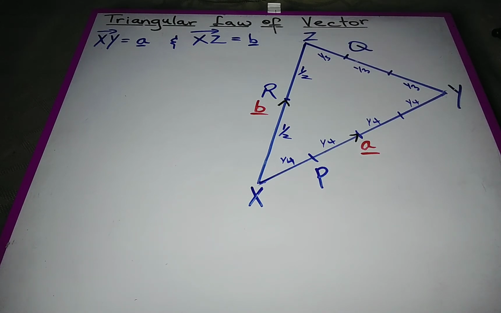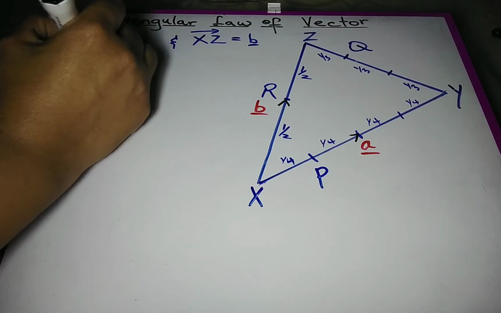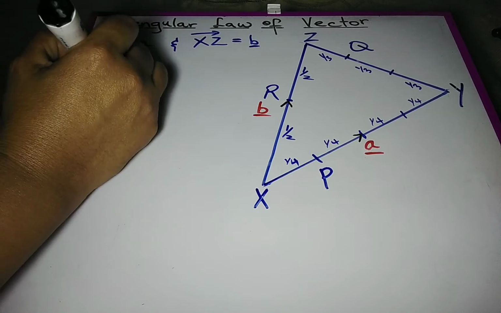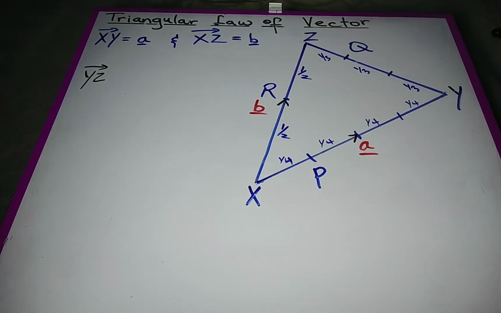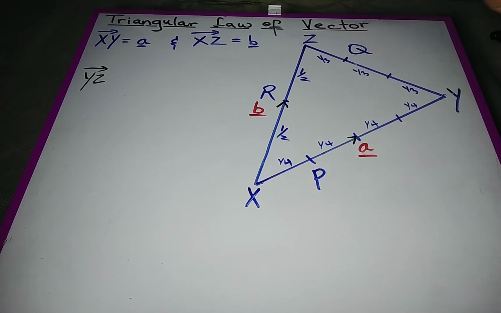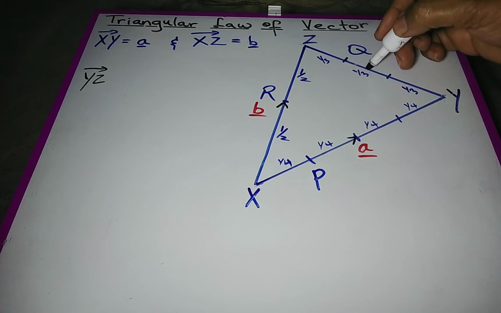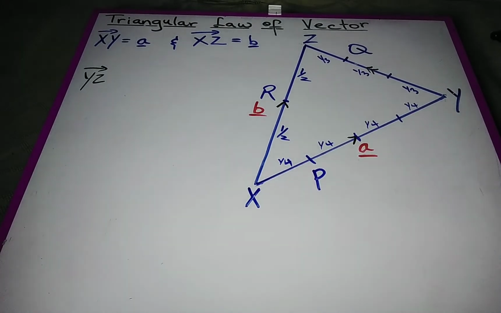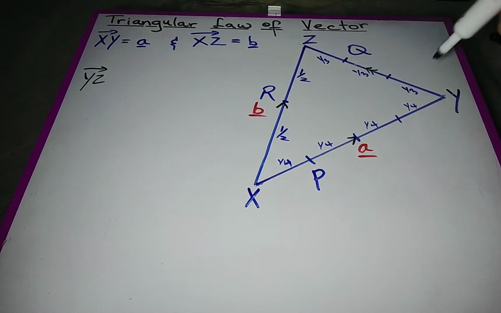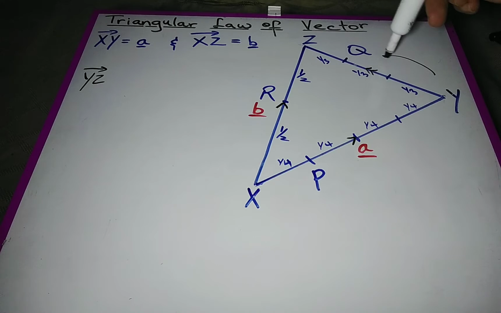The question says, write the following vectors in terms of A and B. The first one we need to find is vector YZ. That means you start with Y, end with Z. So this is YZ, so I'm going to put in my double arrow. I do this because when I put in the resultant, I know I'm going this direction. So YZ is going anti-clockwise.